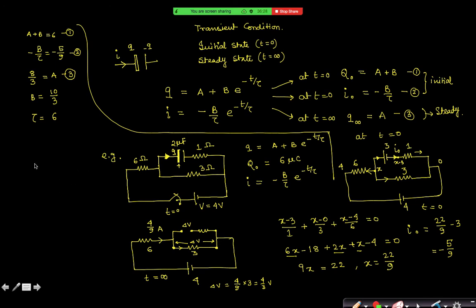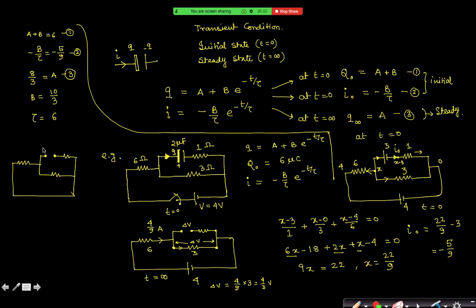Yes, sir. So let me draw a very simplified circuit with the battery short circuited. I have no battery in this circuit. Then also can I say that tau is the same?